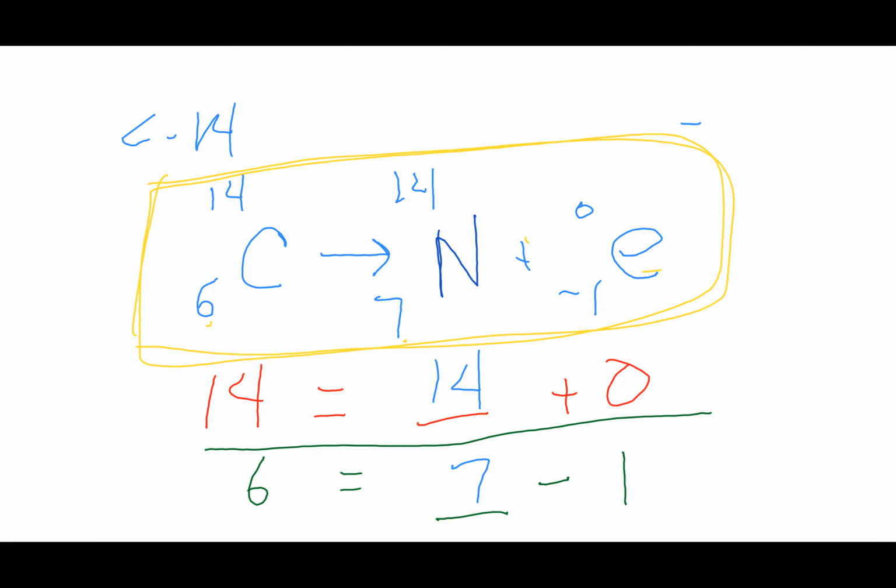Silicon is 14. 14 is about here, and it has about 14 neutrons. That's stable. So 18 neutrons is going to be above. It's going to be unstable and a beta decay.